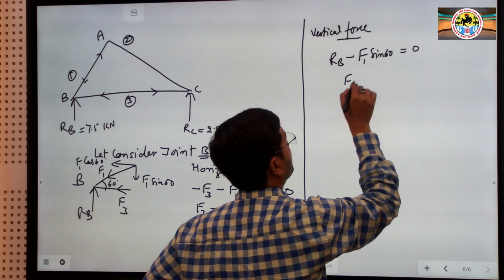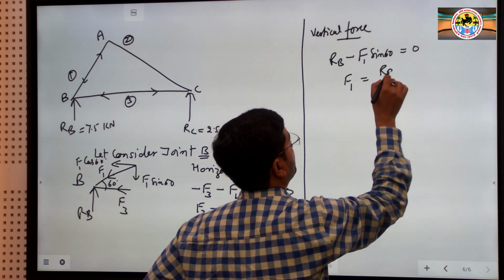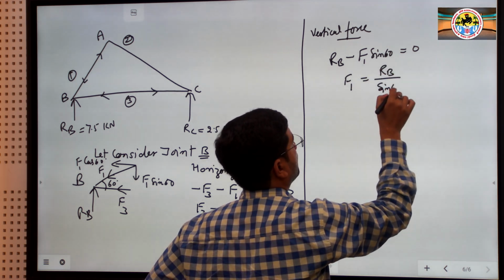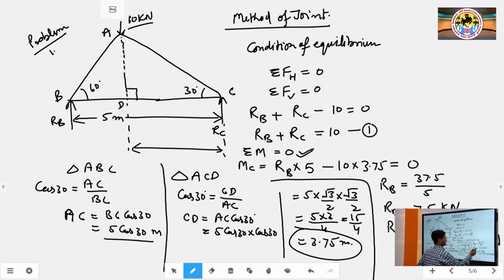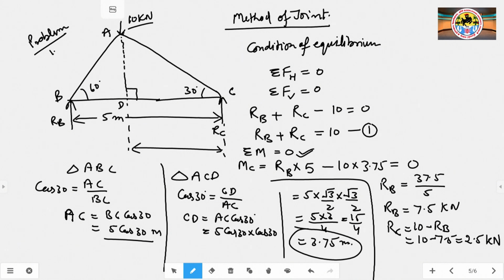So, from this F1 is equal to RB upon sin 60, and RB is how much? RB is 7.5. See over here, RB is 5 root 3 by 2 into root 3, which after calculating becomes 7.5.